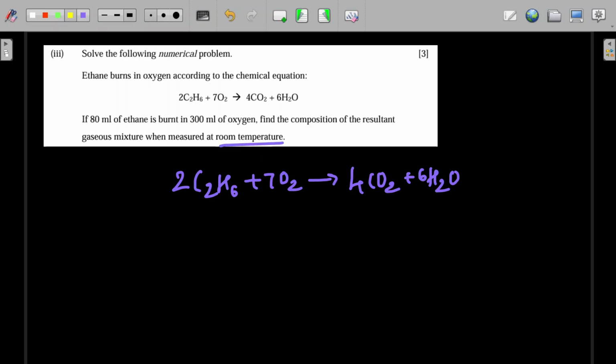Keep that in mind. Keep the unit what they have given. If they have given ml, keep the ml. cc means cc. Just wait.